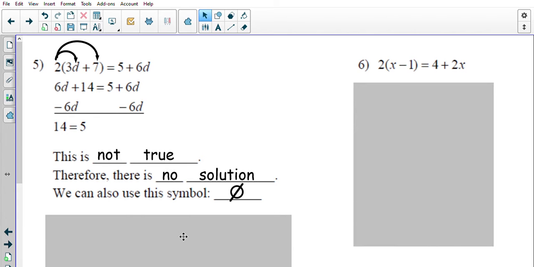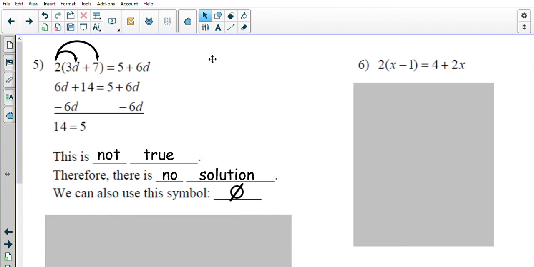Or if we consider a balance, we would make this equation balanced. So there's no value that will make that true. So you can either write no solution, or you can use this symbol, which is a 0 with a slash through it, or a circle with a slash through it. It also means that there's no possible solution to that equation.